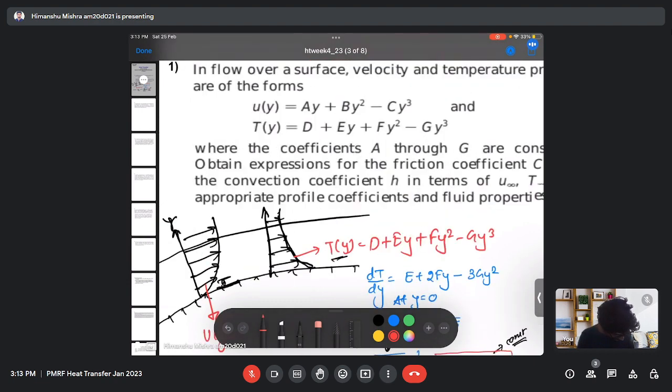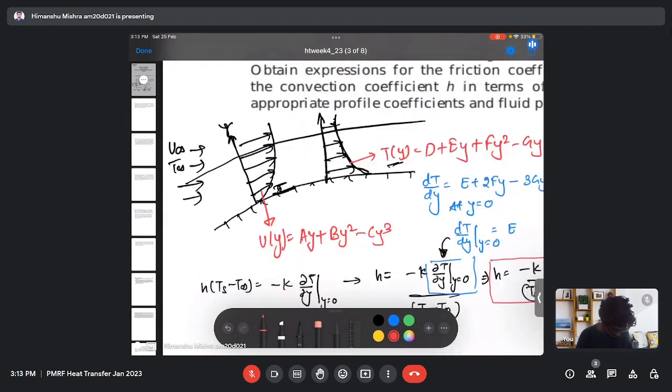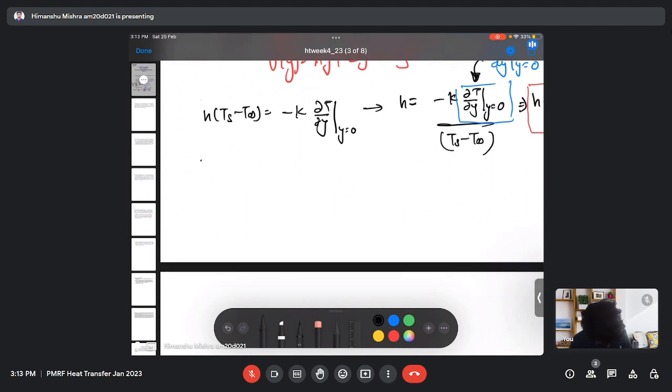Now to calculate the friction coefficient, this is a concept that I am taking from the fluid mechanics course. In fluid mechanics, we define the skin drag, where CF is the skin friction coefficient, F is the force, rho is the density, U is the velocity of the fluid, and A is the area over which the fluid is flowing.